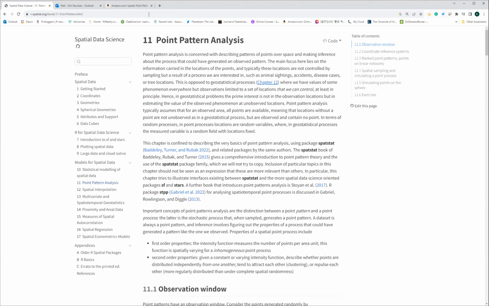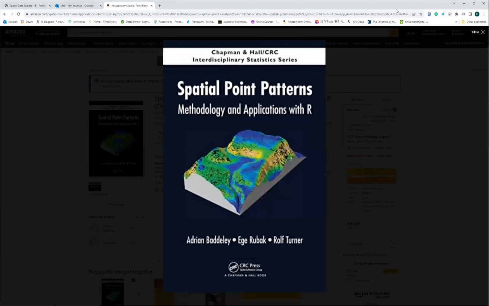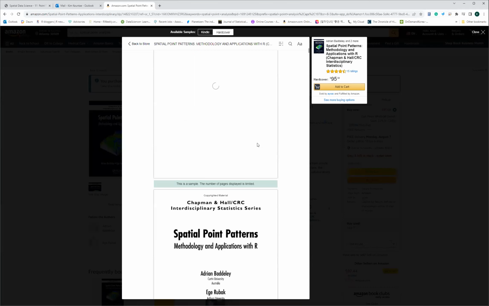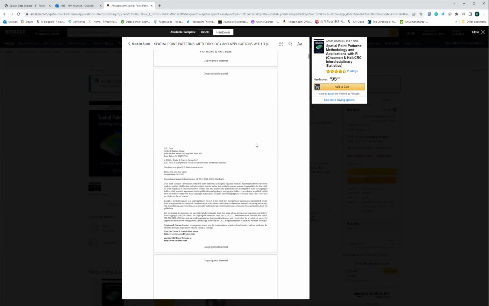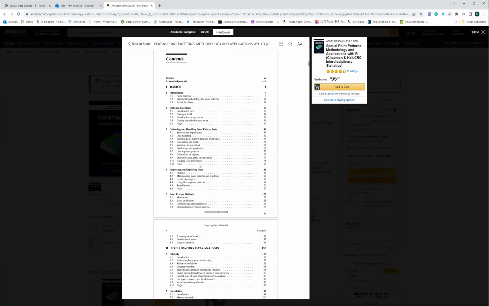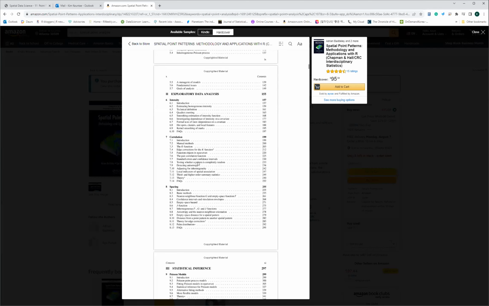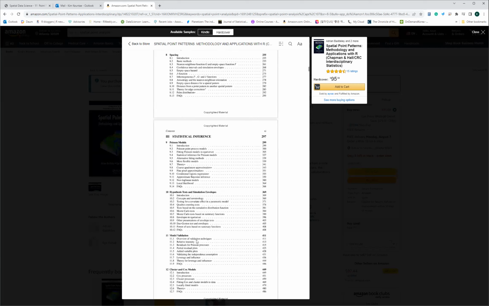For example, when we look at the table of contents, there are the exploratory spatial data analysis techniques for point patterns. And when it comes to inference, there are a lot of techniques.